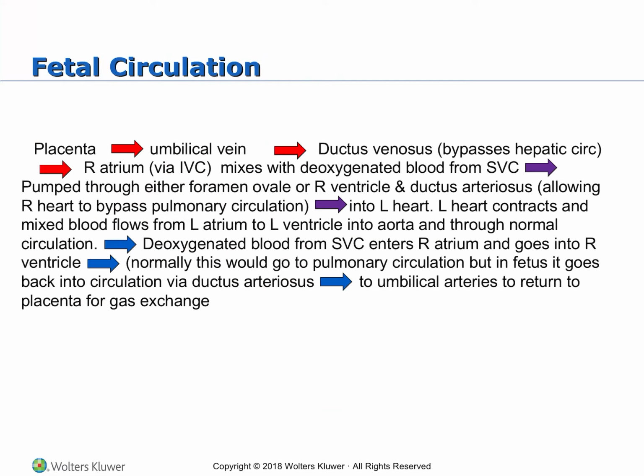This is a little graph that I put together to help you remember the pathway in which fetal circulation happens. From the placenta, the red meaning that the blood is oxygenated, oxygenated blood goes into the umbilical vein, and then through the ductus venosus, which again bypasses the liver circulation.